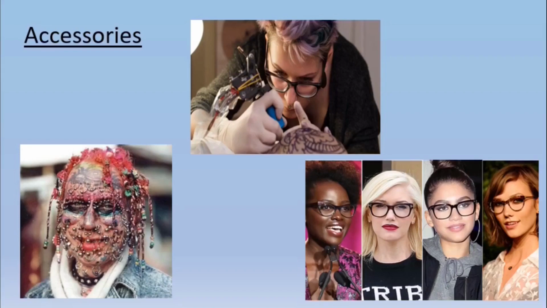But remember, size, location, and then the object and the color. Some people have accessories like piercings. This person has a lot of piercings. Some people only have small piercings in the ear, or sometimes multiple piercings in the ear.